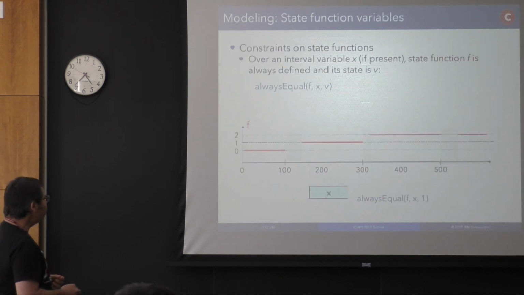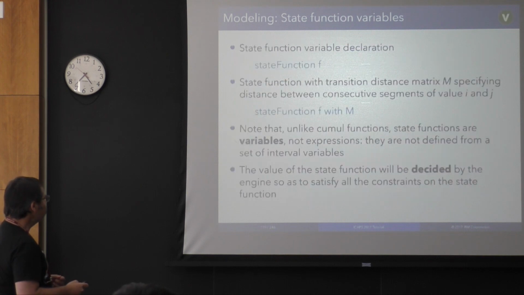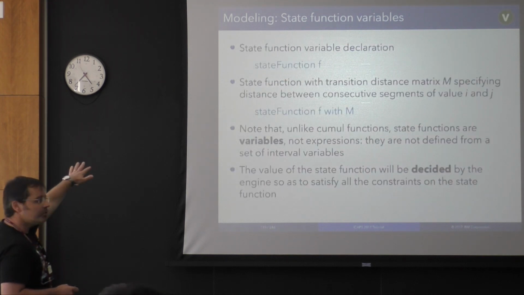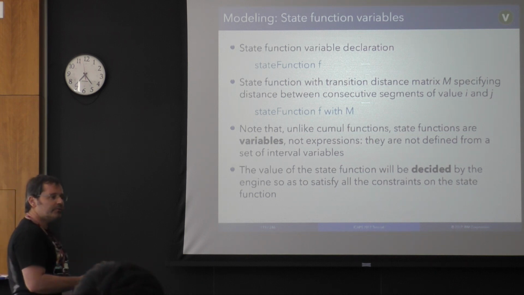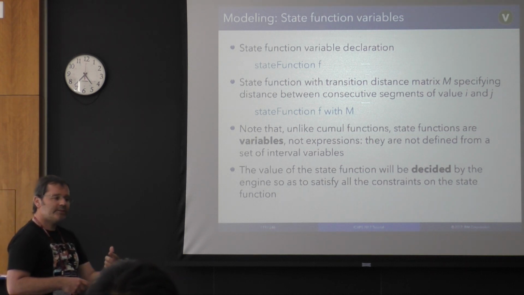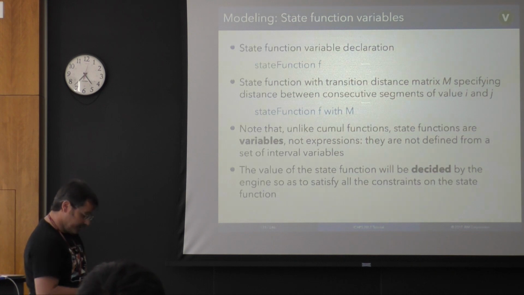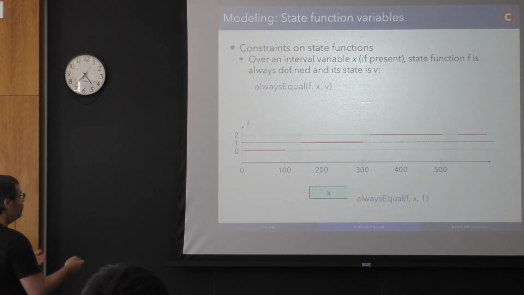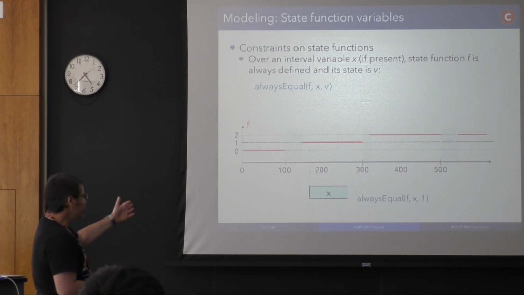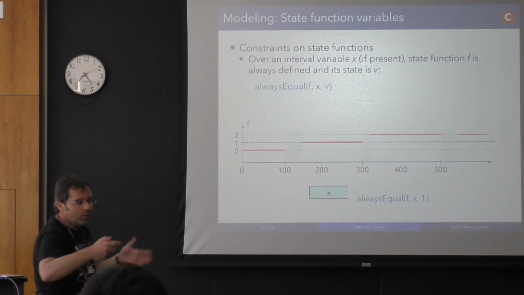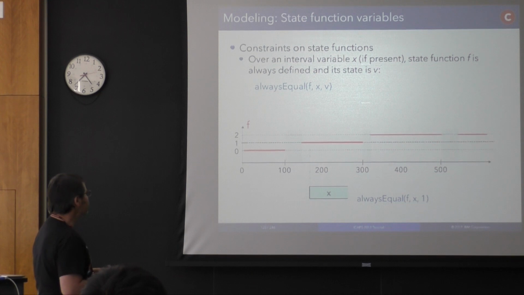Okay, I need to go very fast on this. The idea is that you define a state function in this way. You can define it with some transition matrix. It means that for switching from one state to another, you also will have some transition time. And then basically what you have is some constraints on the state function. You say that the state function during an interval variable must always be equal to a given value, for instance.